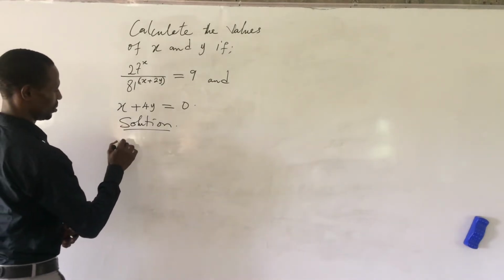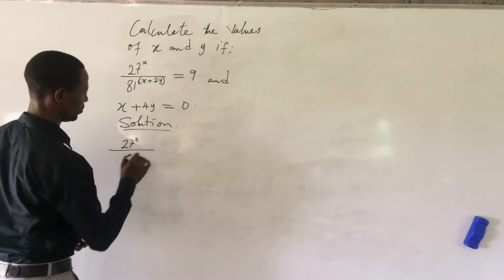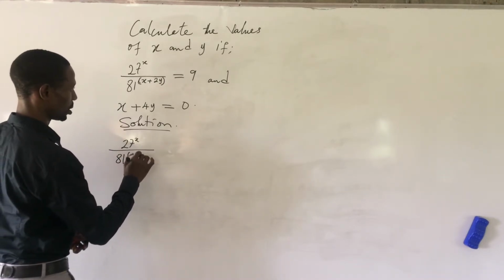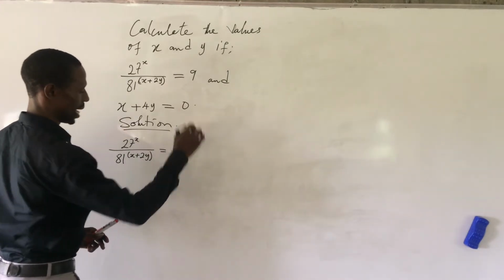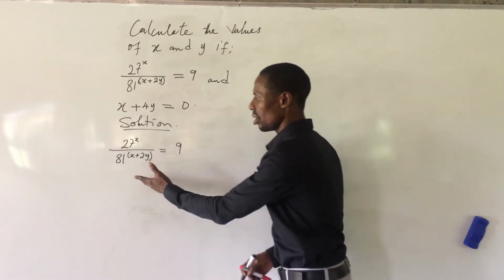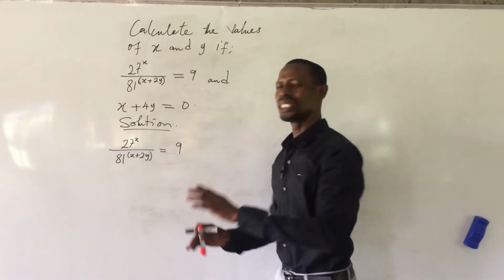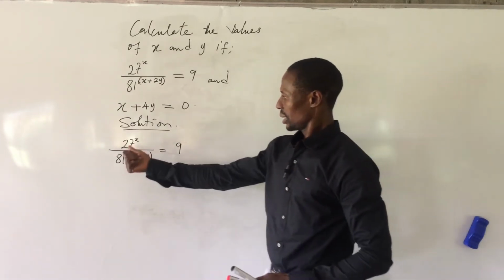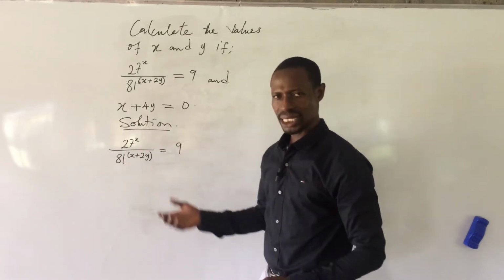So we have 27 to the power of x all over 81 to the power of (x + 2y) is equal to 9. Now, what we do here is think of reducing the base numbers to the smallest form. Can we put 2 here, raise it to a power to give us 27?